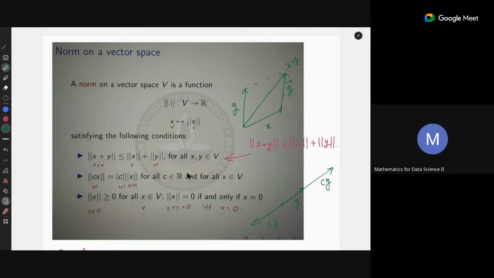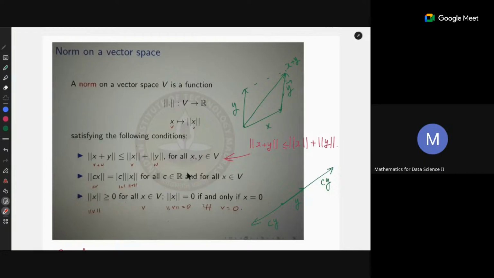So you just need to worry about the quantity, not the sign of that. So if you multiply a scalar to a vector, the length of that vector changes by that much, and that scalar can be any real number. This condition should also be satisfied if you want to generalize the concept of length to any arbitrary vector space.